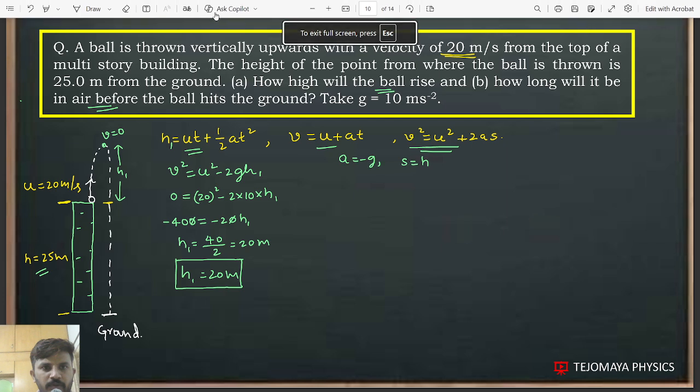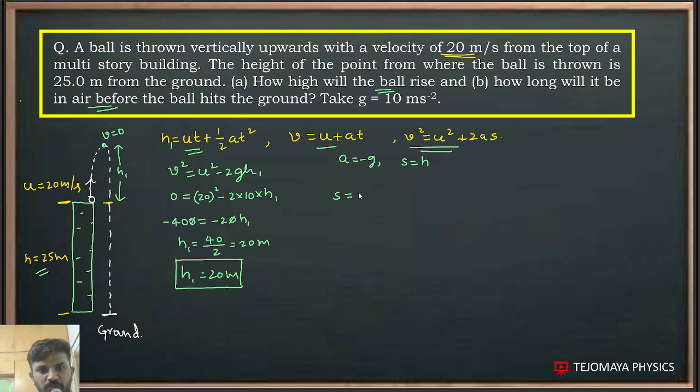Let me use s is equal to ut plus half at square, where s is the total displacement. What is the total displacement of the object? It is thrown upward and after that it's coming down. The total displacement is nothing but the height of the building.